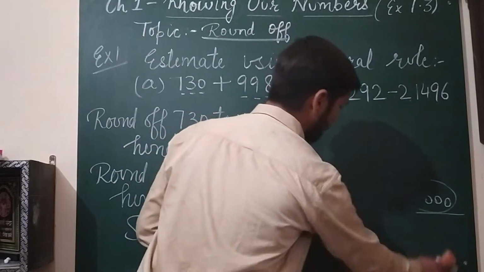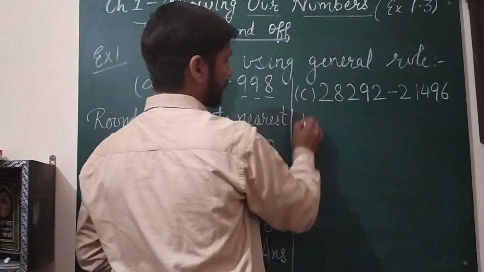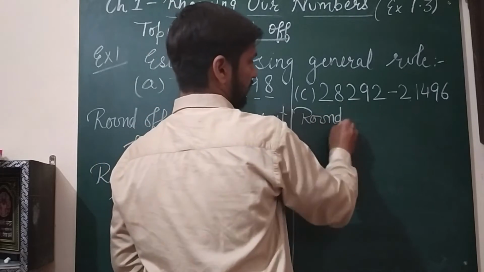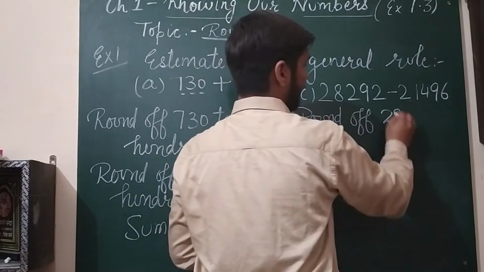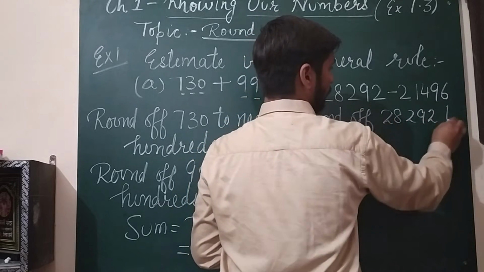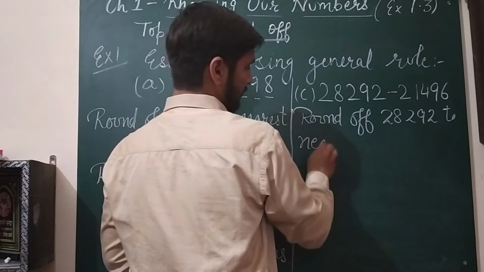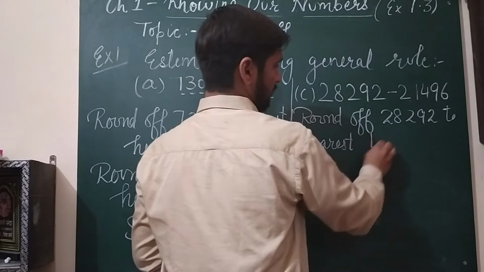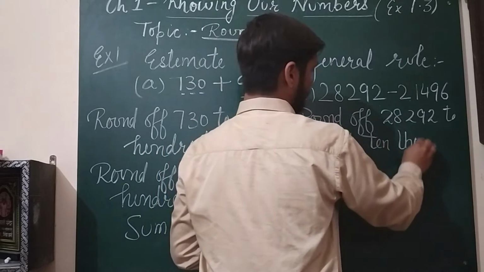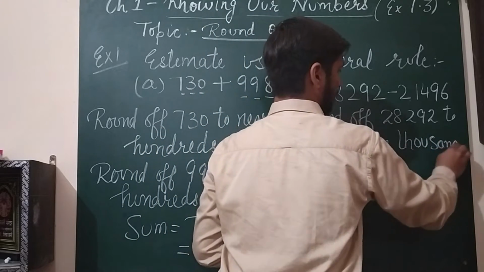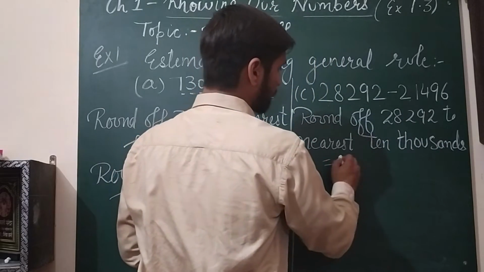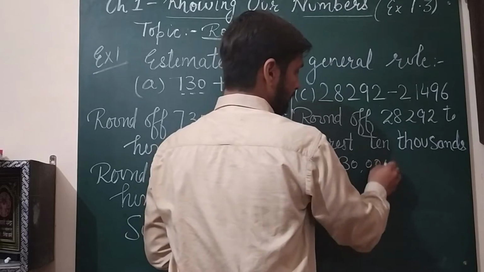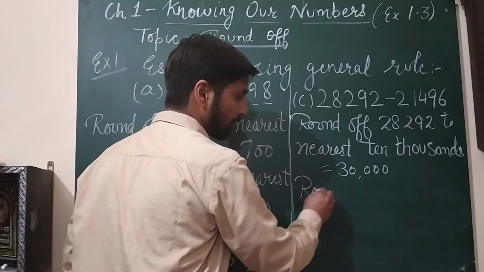Now writing the complete statements: round off 28,292 to nearest 10,000s is equals to 30,000.